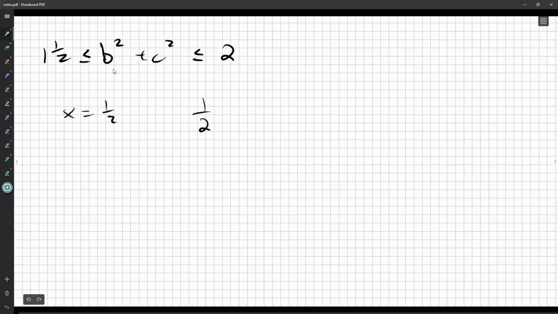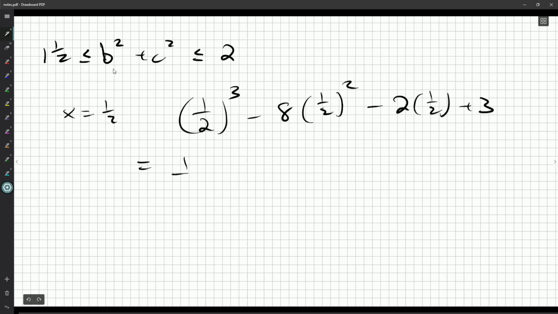Well, I'd get a half cubed, minus 8 times a half squared, minus 2 times a half, plus 3. 1/8 minus 8 over 4, which is 2, minus 1 plus 3. So this is going to be 1/8.